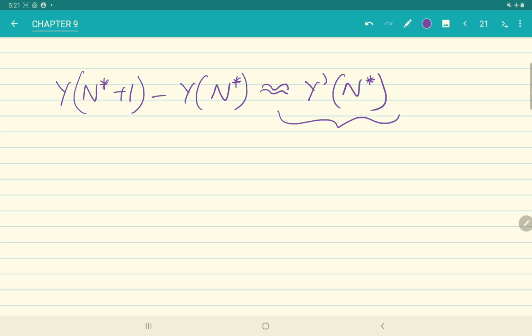As n star increases by a really small amount, what is the change in y? In fact, that small change in n star I'm concerned about itself tends to 0. So for an infinitesimal change in n star, what is the change in y?